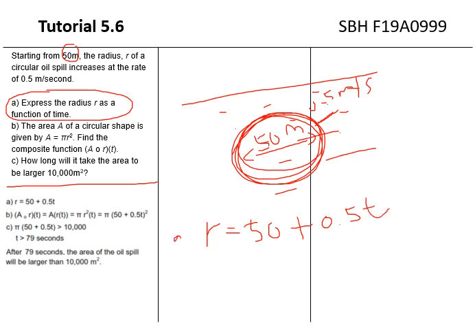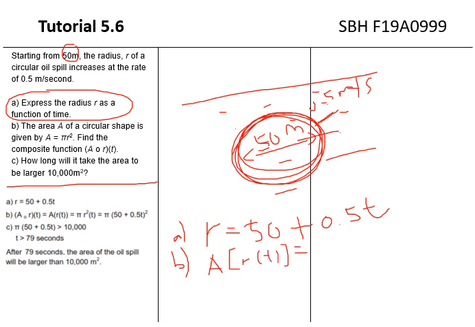Okay, done, part A. For part B, the area A of a circular shape is given by A equals pi r squared. So we want to find the composite function of A composite r with the input t.